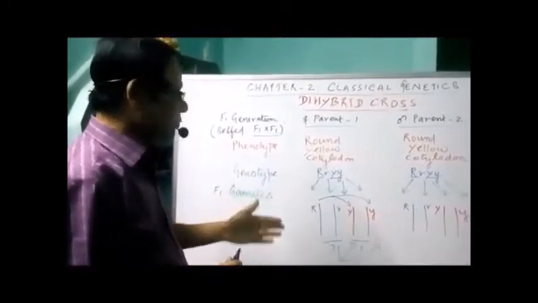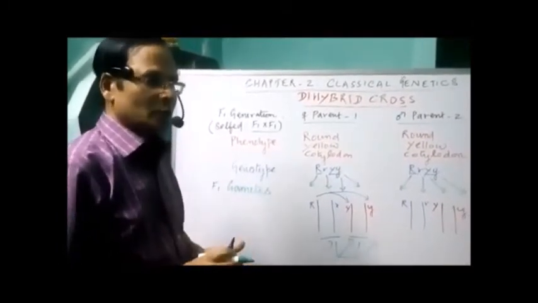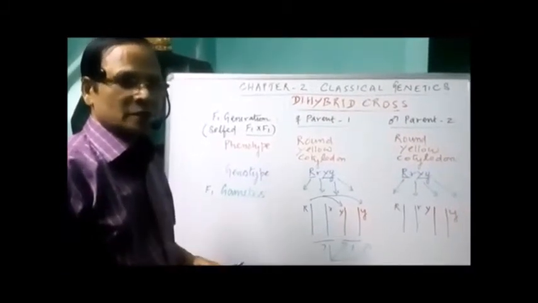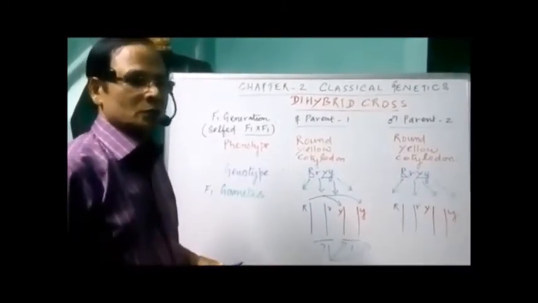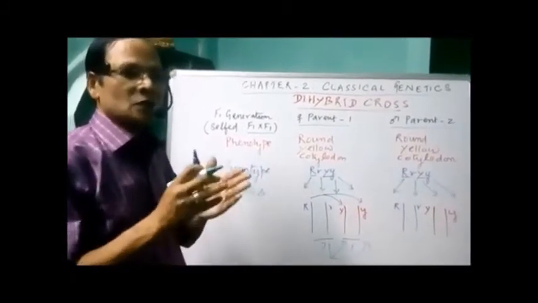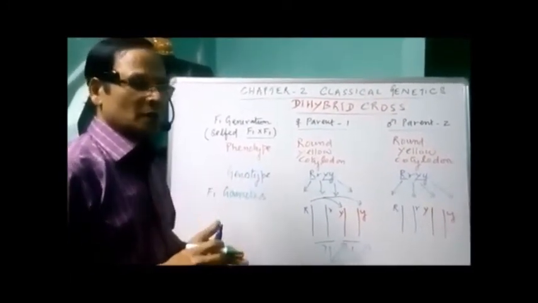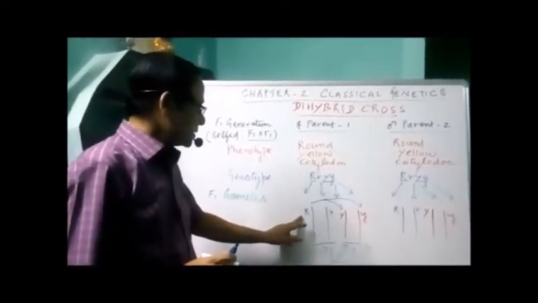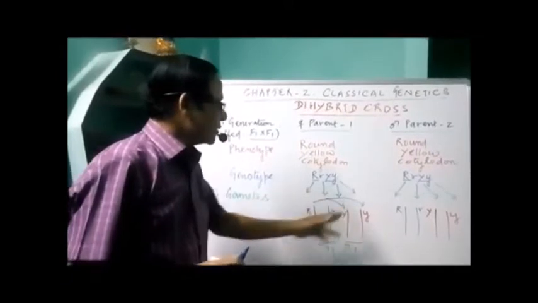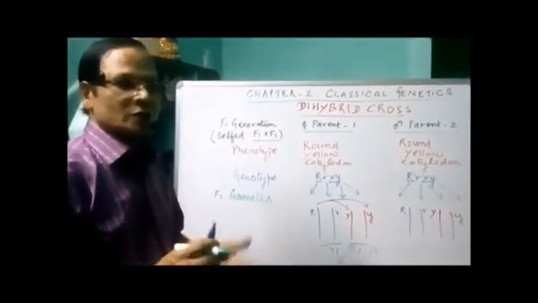As a result of independent assortment, the genes for two pairs of characters are located on two different chromosomes, and during gamete formation they segregate and assort independently of one another. So the inheritance of the R genes is in no way connected to the inheritance of the Y genes.